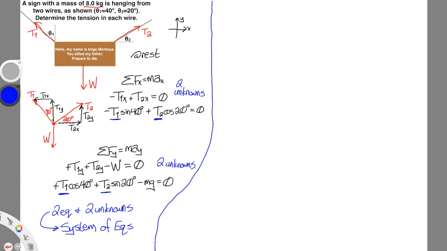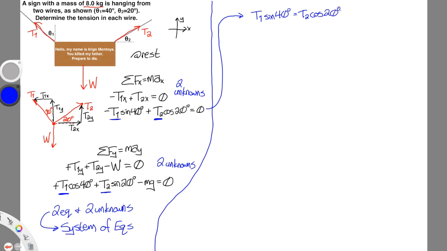To solve a system of equations, we take one of our two equations and solve it for one of our unknowns. First I'm going to rearrange this equation here, adding the T1 sine of 40 degrees to the opposite side. So we have T1 sine of 40 equals T2 cosine of 20 degrees.